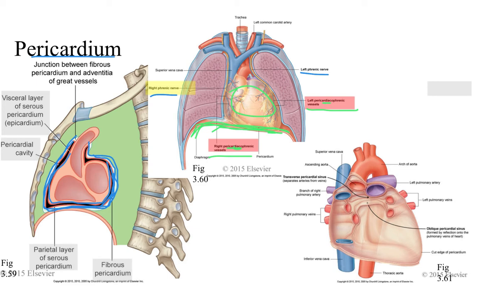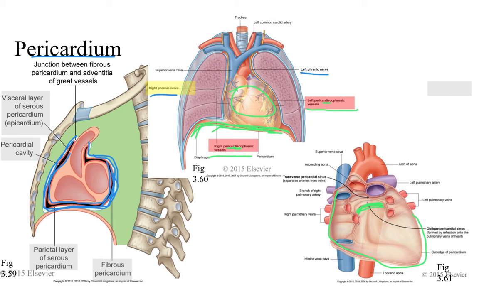Now, if you were to take out the heart and leave the pericardial sac intact, you would notice that there is a sinus, or an empty space, an open space behind the heart itself. That's formed by the reflection of the pulmonary veins onto the heart.